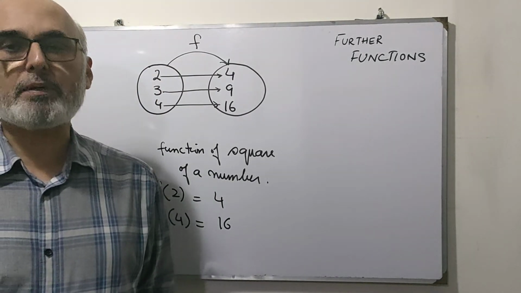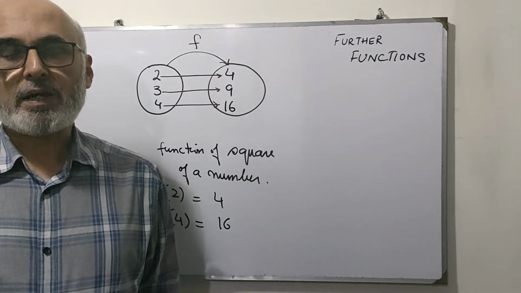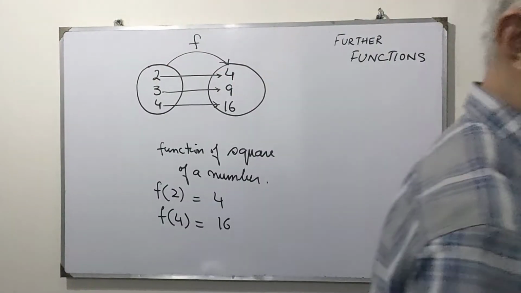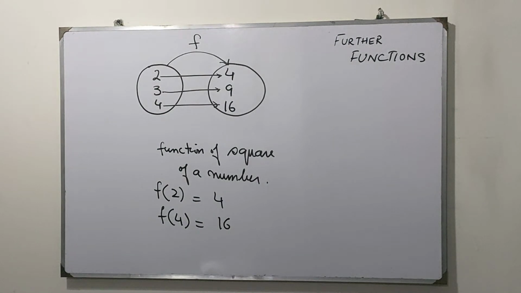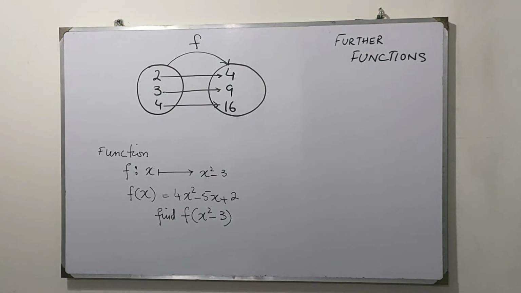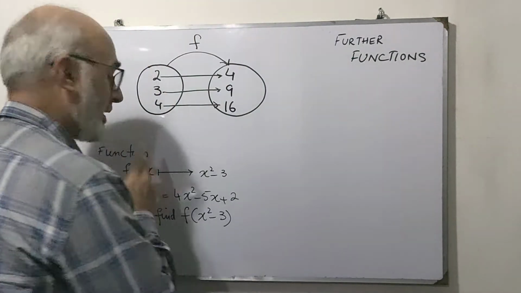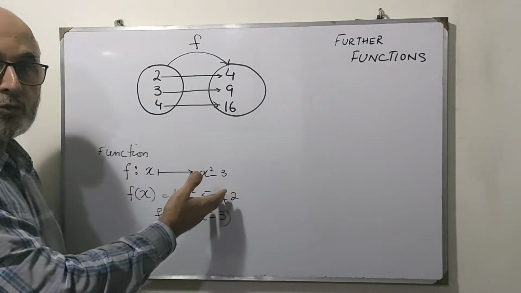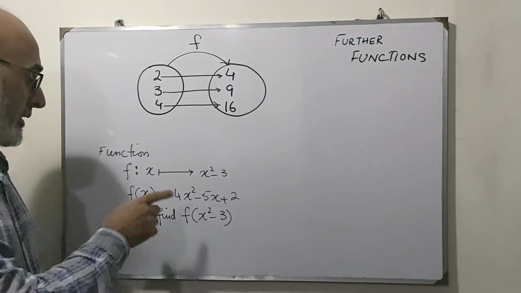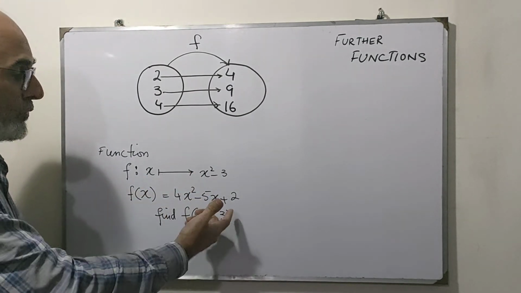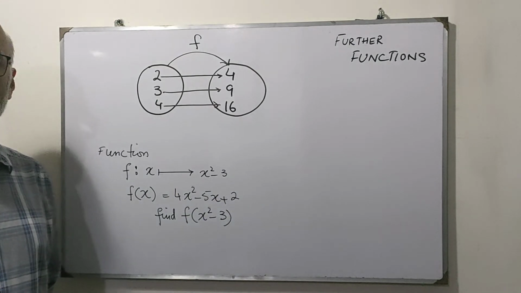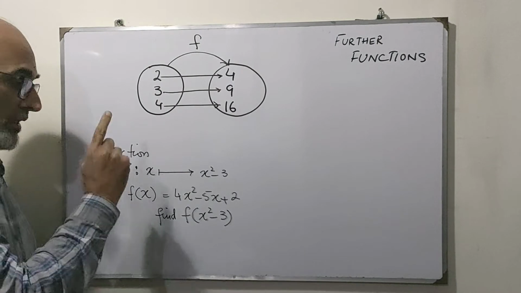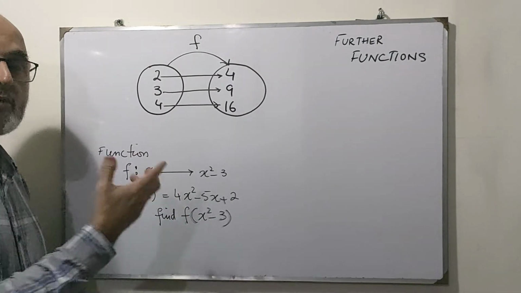So let's take an example of functions and then we'll move towards the inverse of a function. As an example, we have a function f from x to x square minus 3, and the function f(x) is equal to this. We have to find the value of this. If we are inputting x square minus 3, what are we going to do?